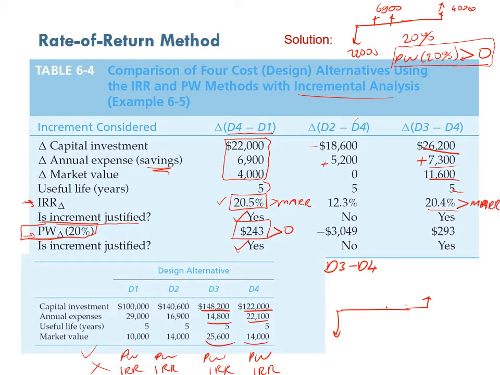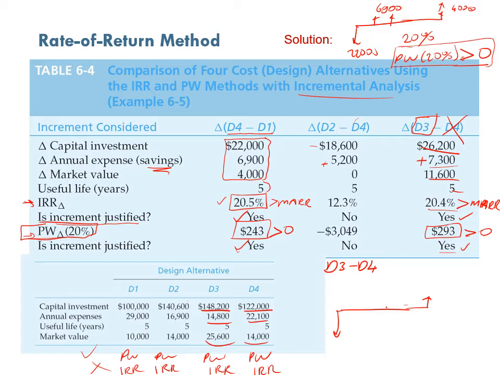And since it is greater than MAR, the increment is justified. If instead of IRR you calculate the present worth of the difference, again we see that it is greater than 0, and since it is greater than 0, it is justified, and justified means that we prefer D3 over D4, and D3 becomes our current alternative or base project now.